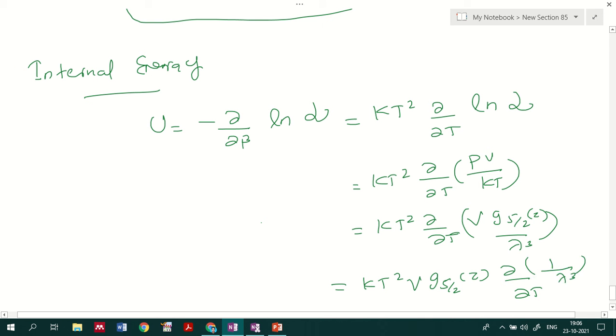So the 1 by lambda cube representation will be there, and we can get the final internal energy.